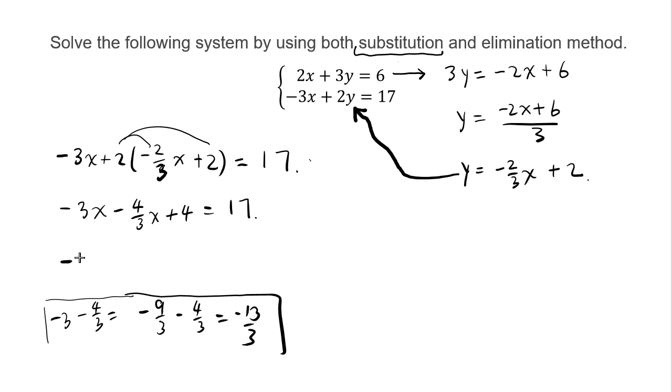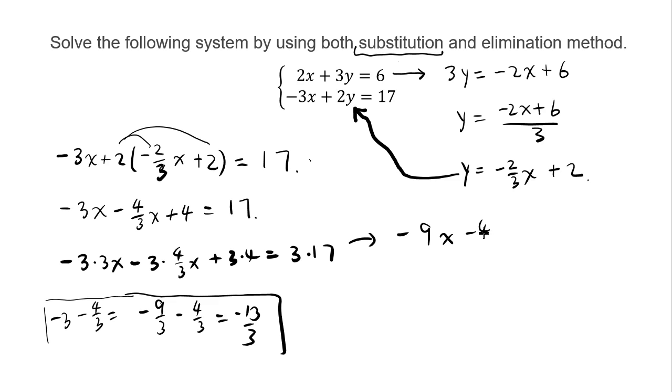So negative 3 times 3x minus 3 times 4/3 x plus 3 times 4 equals 3 times 17. And that is negative 9x. And then 3 cancels, and you just get minus 4x plus 12. And 3 times 17 is 51.